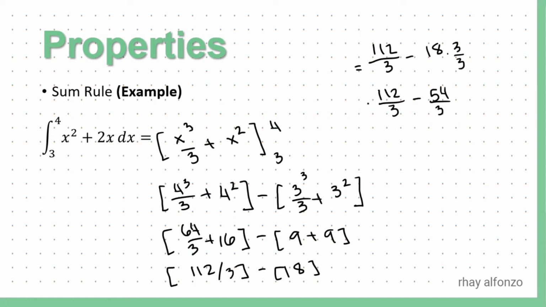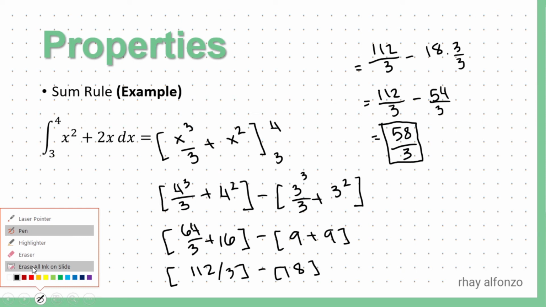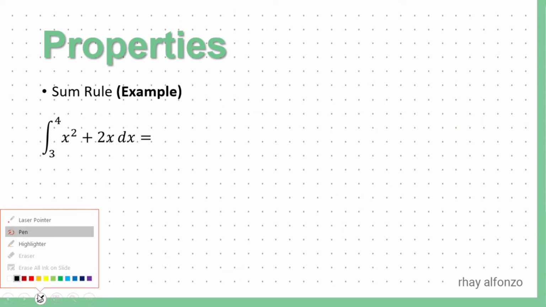So 112 minus 54 is equal to 58 divided by 3. So that's the simplest that we can factor it. So what we got integrating as it is is 58 divided by 3. Now let's erase everything and integrate them separately and check if we can get the same answer, which is 58 over 3.